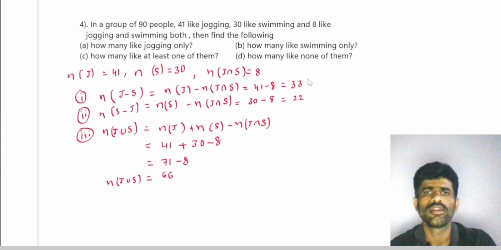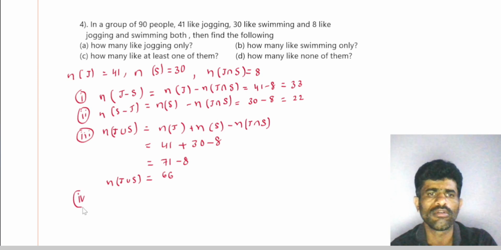Next, D, how many like none of them? We have a total of 90 people.